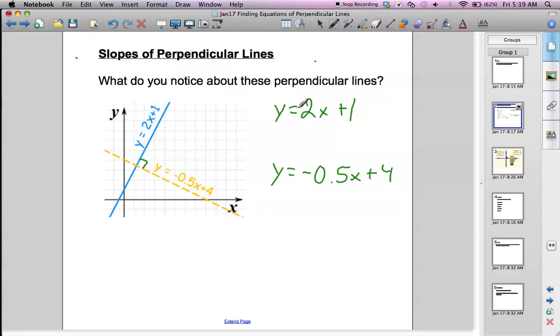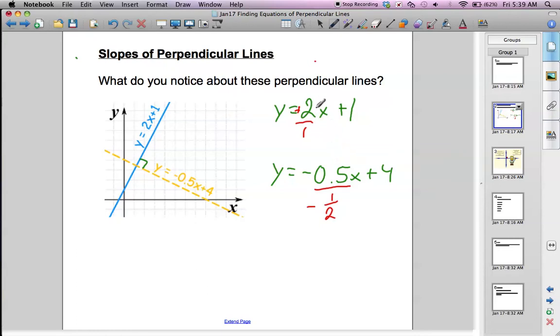So this one's positive, this one's negative, so they have opposite signs. And if we look at the numbers, this is 2 and this is 0.5. It might not look like a relationship between those, but if we rewrite this as negative half, then you can see that the slope of the orange line and the slope of the blue line are reciprocals of each other.